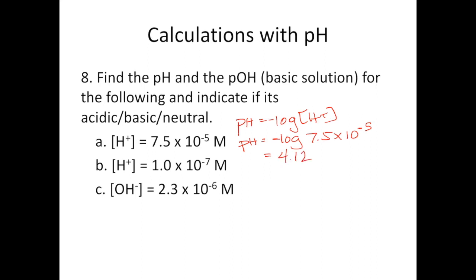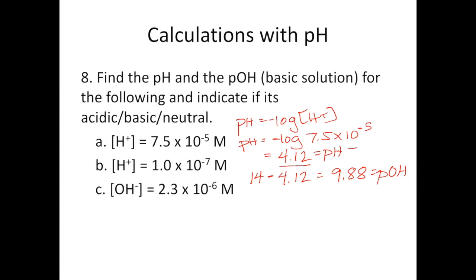And that's going to give me a pH of 4.12, which is around 4, right? So there's your pH. Now my pOH, I'm going to get by subtracting: 14 minus 4.12. So I get a pOH of 9.88.